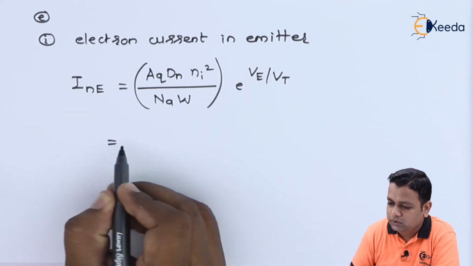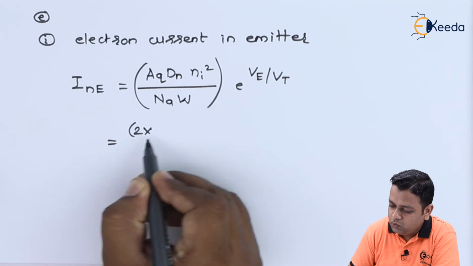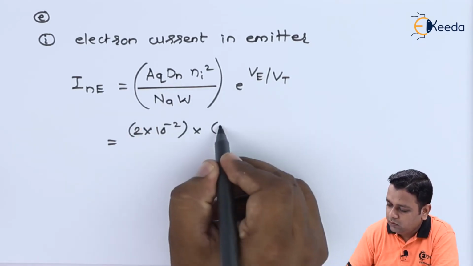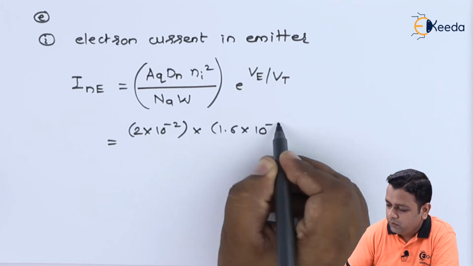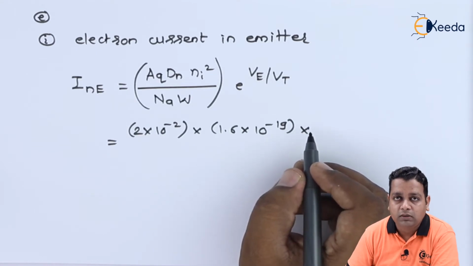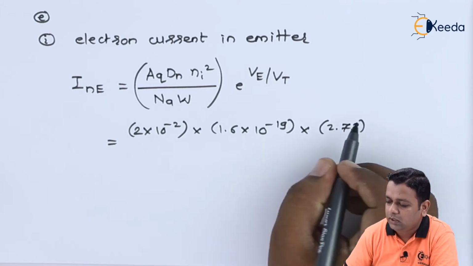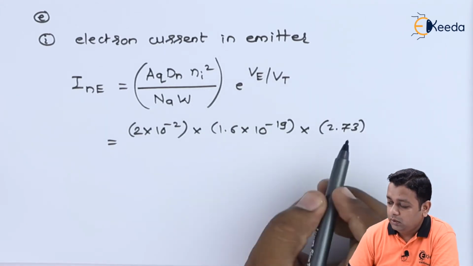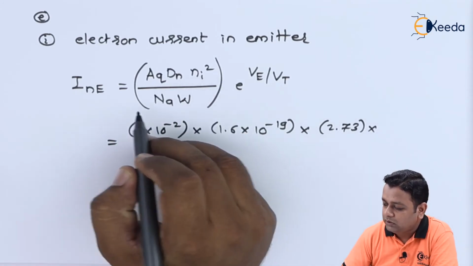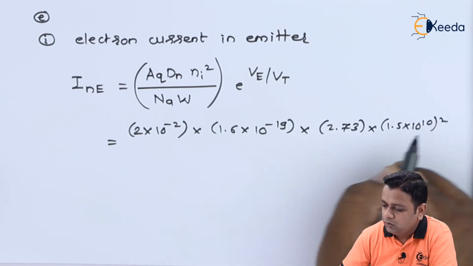So in the next step, we substitute the values: capital A is nothing but 2 into 10 raised to power minus 2. Electronic charge is 1.6 into 10 raised to power minus 19. The Dn value we have determined; the Dn value is nothing but, for this case, 2.73 for the emitter N type here. This is in multiplication to the square of intrinsic concentration, so it is 1.5 into 10 raised to power 10 to be squared.